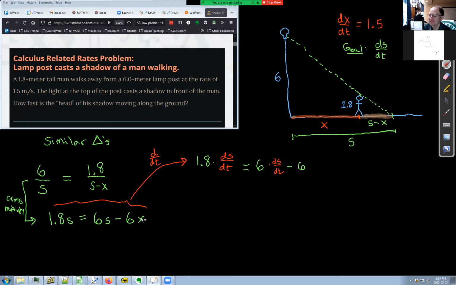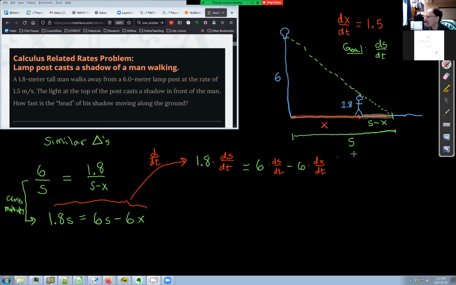The derivative of x is just 1, but x is not the independent variable here. Even though x is usually the independent variable and we don't have to worry about it, in these problems x depends upon t, so you have to multiply by a dx dt.